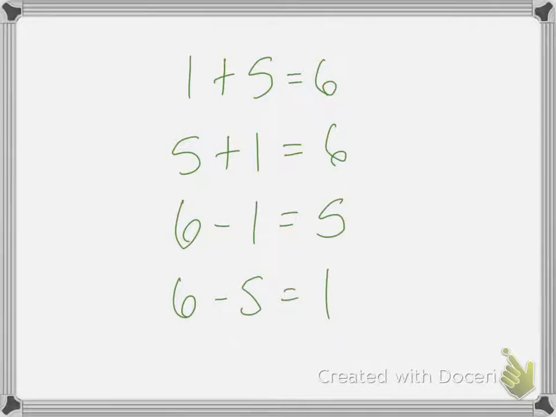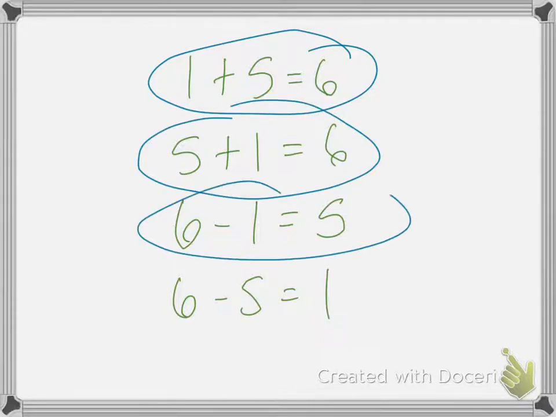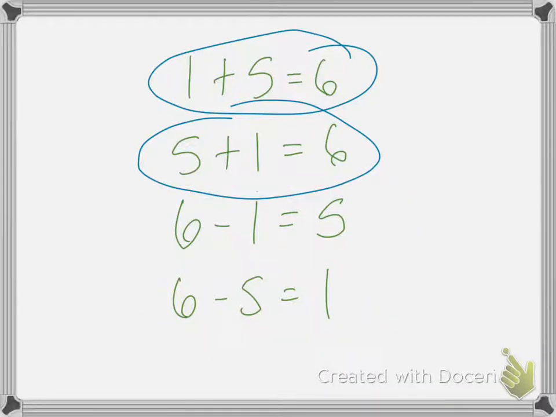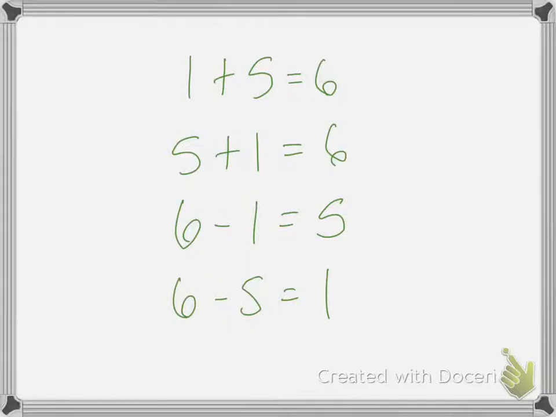What do you notice about these 4 number sentences? Well, all of them use the same 3 numbers, right? All of these problems use the numbers 1, 5, and 6. So these are called addition and subtraction fact families. An addition and subtraction fact family has 2 addition and 2 subtraction problems.